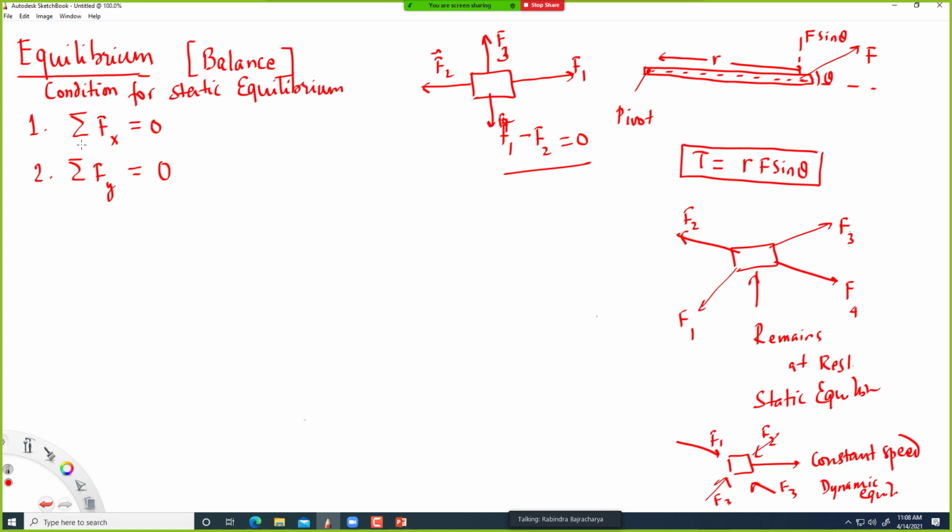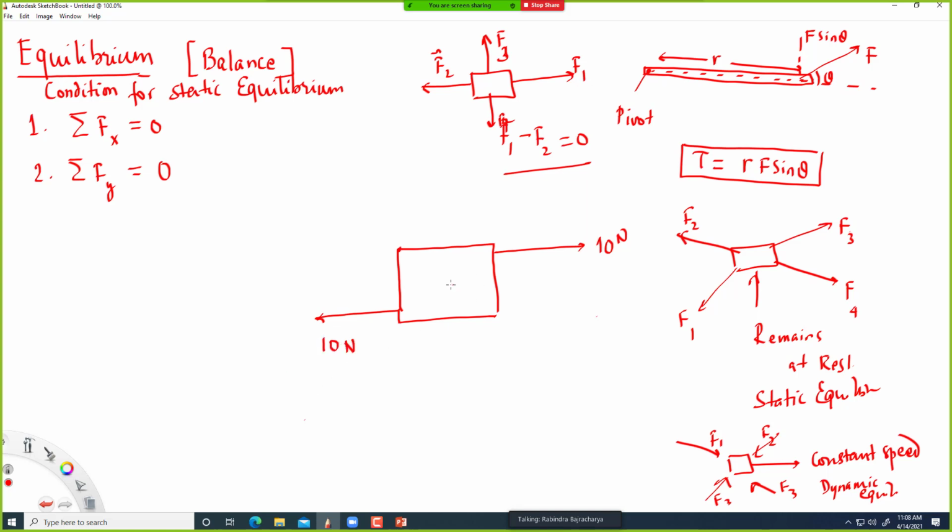Now there is a third condition for an object to be in equilibrium. So what is that third condition? Consider you have a box like this. We said that if I apply 10 Newton on this side, and 10 Newton on this side, it will be in equilibrium. But is that true all the time?